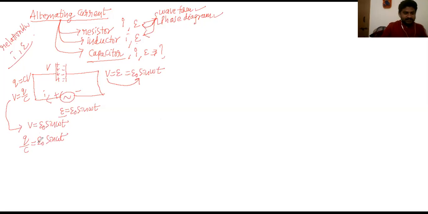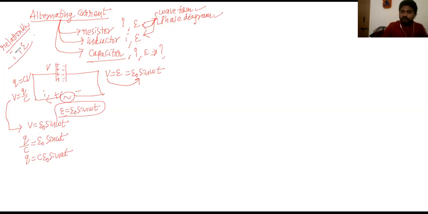So Q is equal to C into E naught sine omega t. Q is the instantaneous charge on the capacitor at that instant. Our aim is to find the relation between I and E, where E we already know is E naught sine omega t.